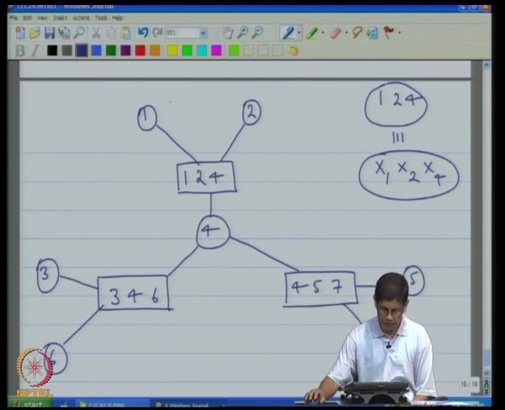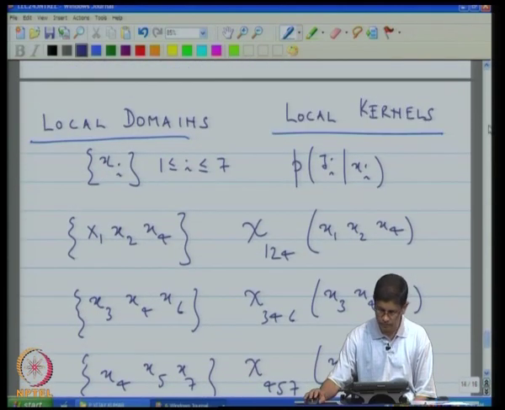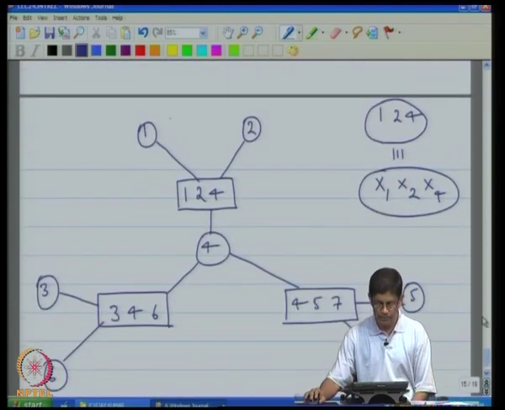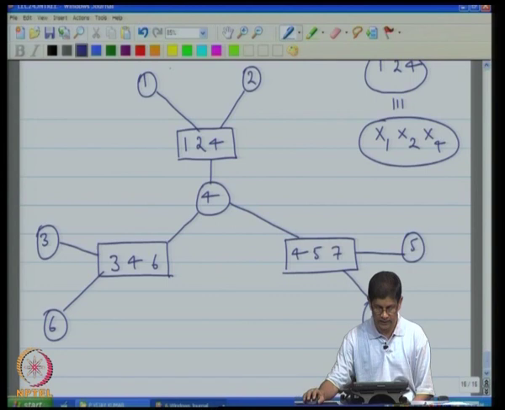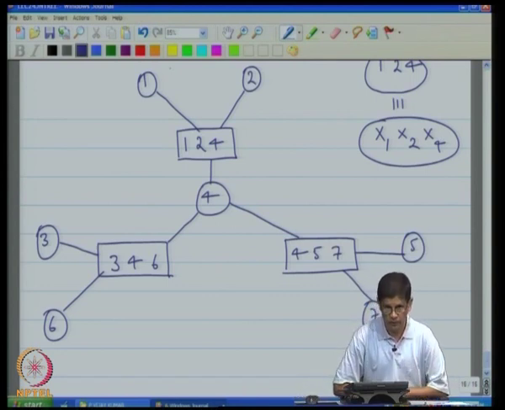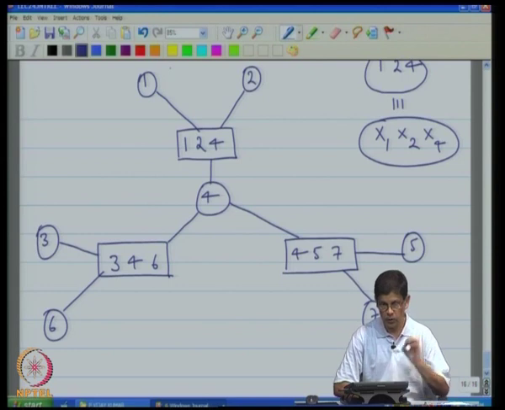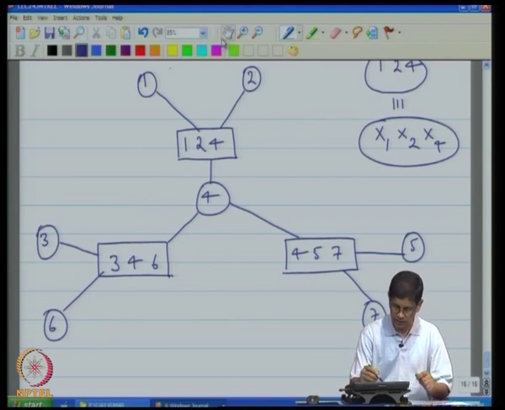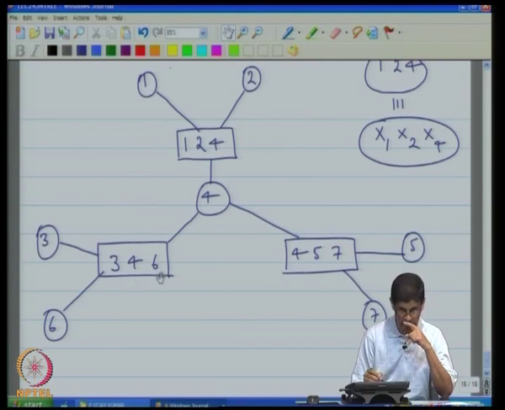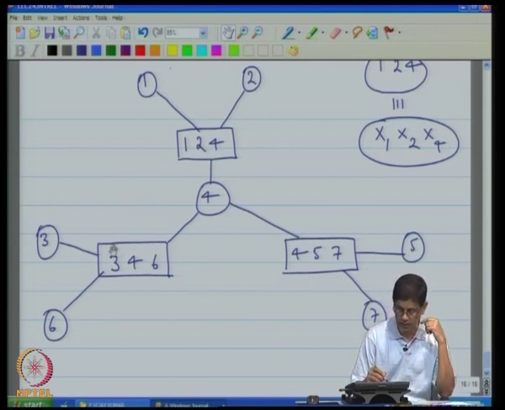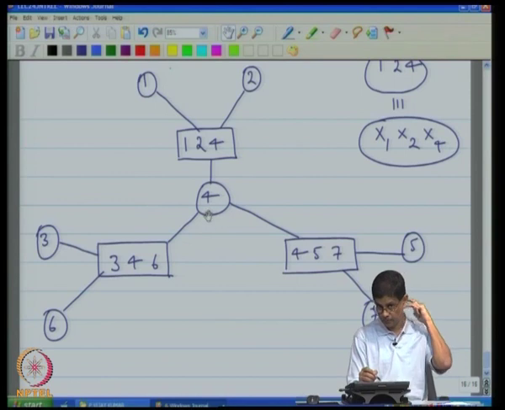Okay. Now, it is true that I have formed a graph out of them, and it is obvious looking at this graph that what I actually have is a tree. So, the question is, is this a junction tree? In order to show it is a junction tree, I have to pick every pair of nodes. If I pick, for example, this node here and this one, here the Si is 3, 4, 6, the Sj is 1, 2, 4. The intersection between the two is 4. What I need to make sure is that on the unique path between these two nodes, 4 is also included, which it is.